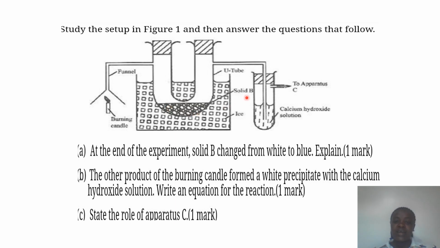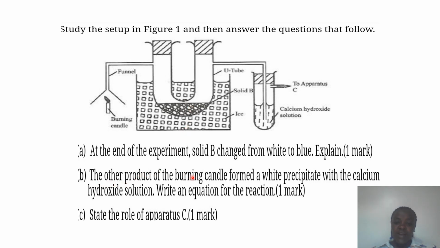Water will turn anhydrous copper 2 sulfate from white to blue. So at the end of the experiment, solid B, which is anhydrous copper 2 sulfate, changed from white to blue because water had been formed, and water turns the color of anhydrous copper 2 sulfate from white to blue.